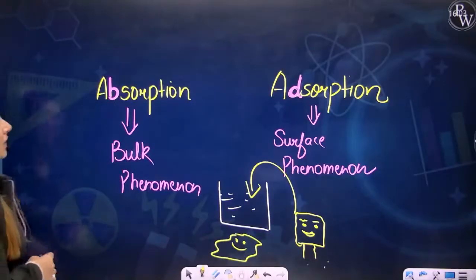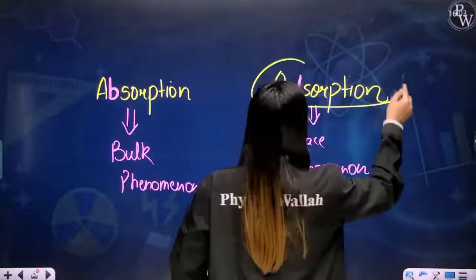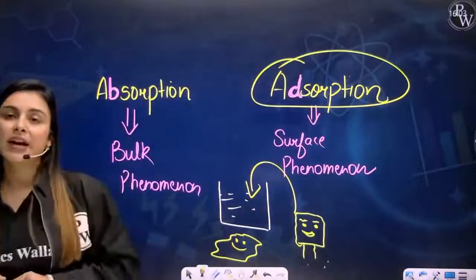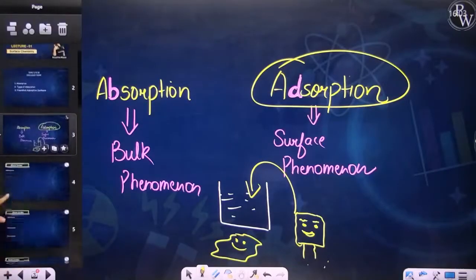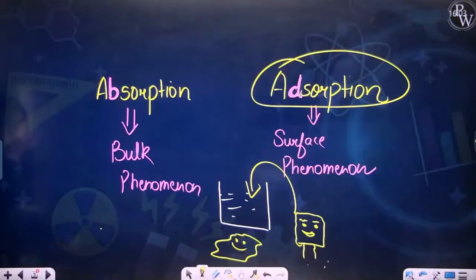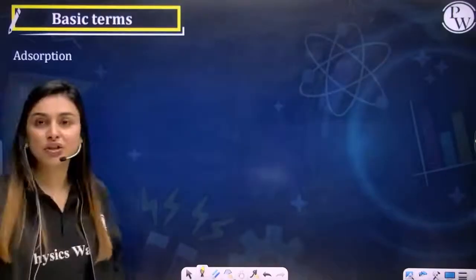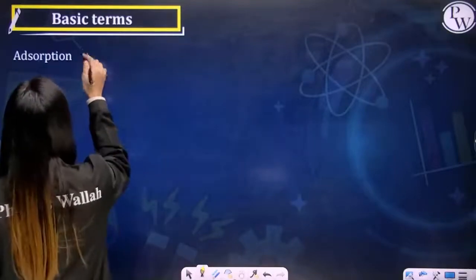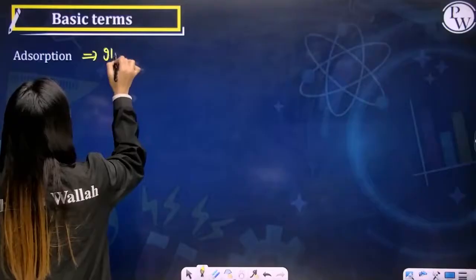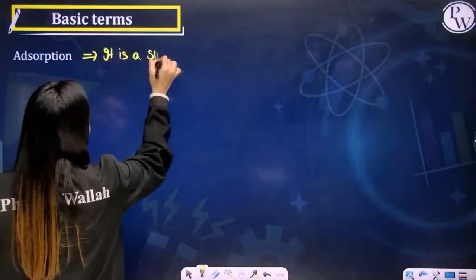We will be studying about adsorption. Okay, yes, please write it down, then we'll move forward. Okay, now let's write the definitions. Let's write the definition of adsorption. It is a surface phenomena.